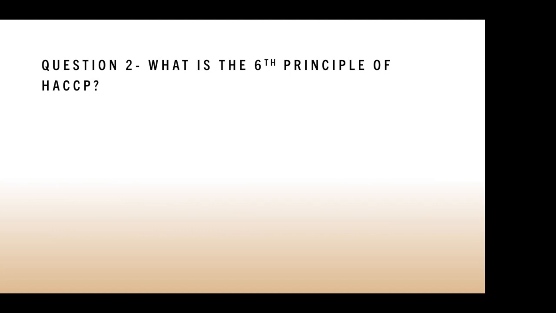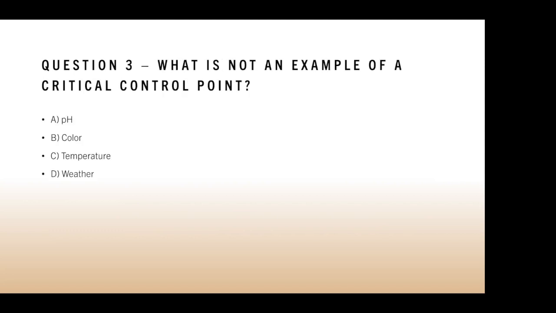What is the 6th principle of HACCP? Question 3. What is not an example of a critical control point? Is it A, pH? Is it B, color? Is it C, temperature? Or is it D, weather?